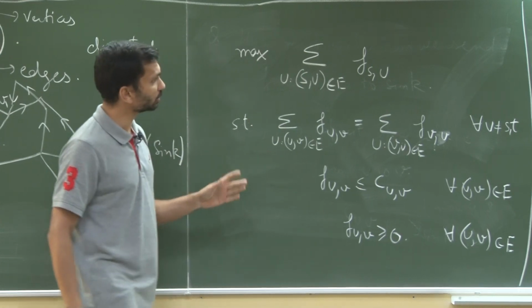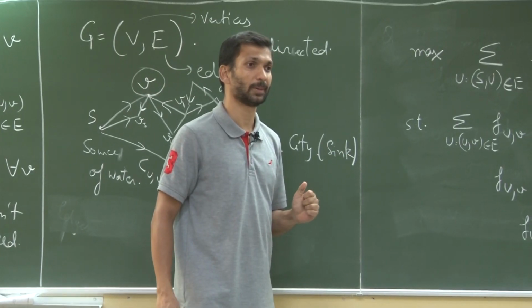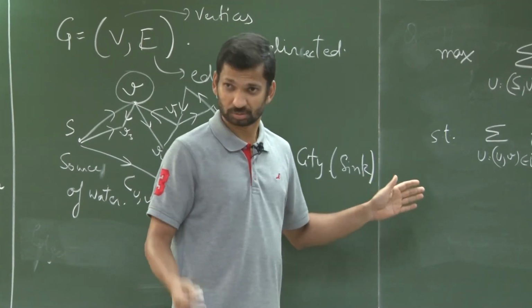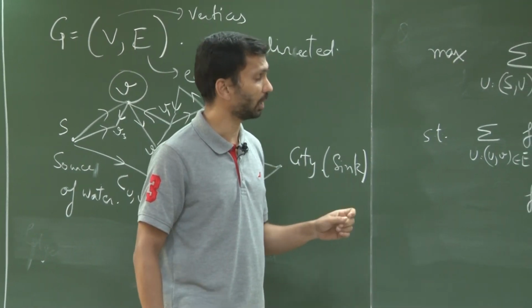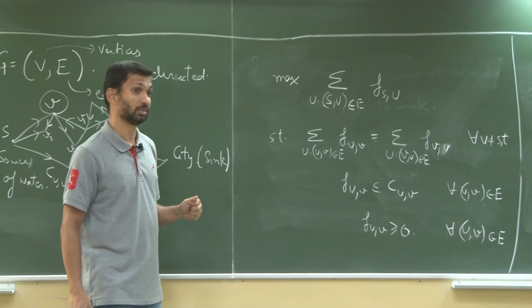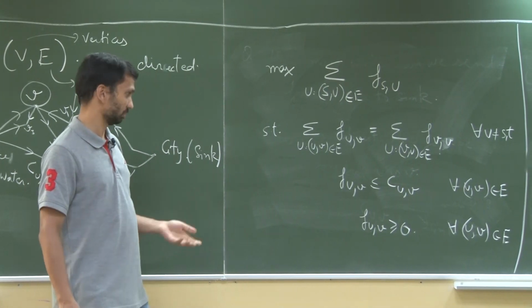And just to make sure that we are on the same page, how many variables are there? Number of edges, right? And how many constraints are there? Right.